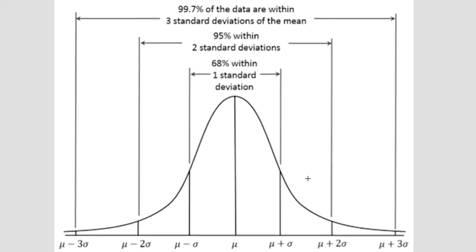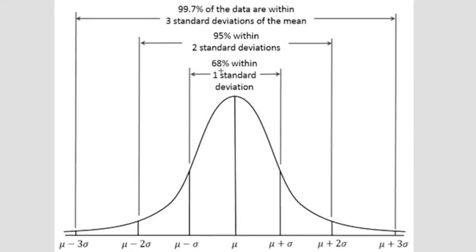The reason being is this chart here shows what is called the 3 sigma rule in statistics. What they found is that within one standard deviation, so this middle line is the mean, one standard deviation out on both sides is typically where you'll find 68% of the data.